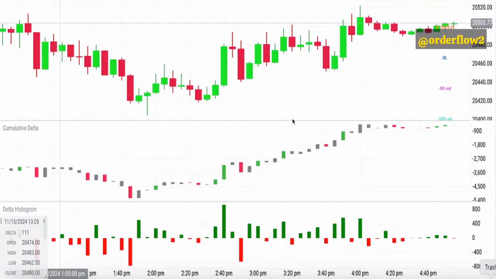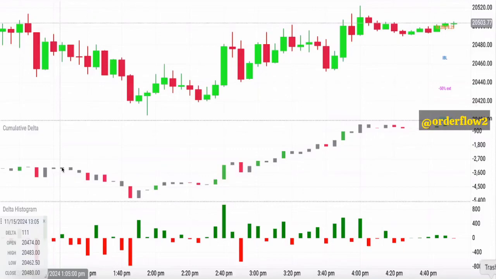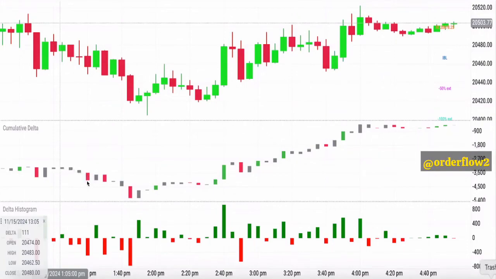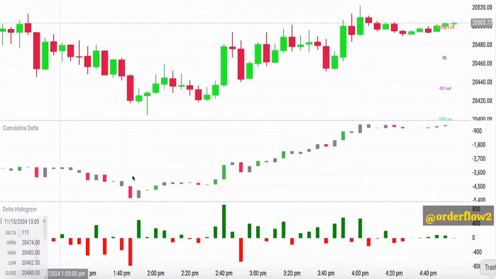I can't go through every pattern, but just knowing the basics is that gray on the cumulative delta is muted response, right? But it'll still give you direction, okay, because it's cumulative. So even though we're starting to sell off here and we're moving down, it's weak selling, strong selling, weak buying, strong selling, weak buying, weak selling, strong selling.